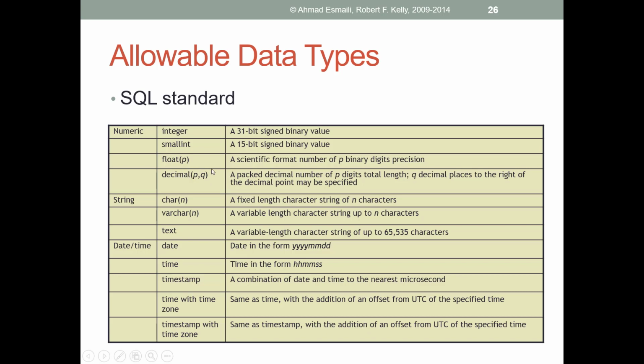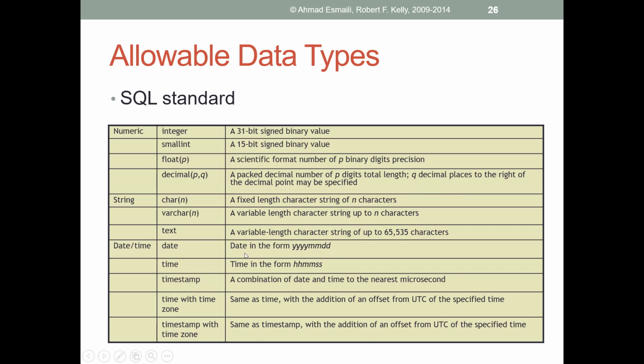When you say float p, it will have p binary digits of precision. Similarly for decimal p, q, it can have at most p digits in your decimal representation, and q is the number of digits after the decimal point on the right.